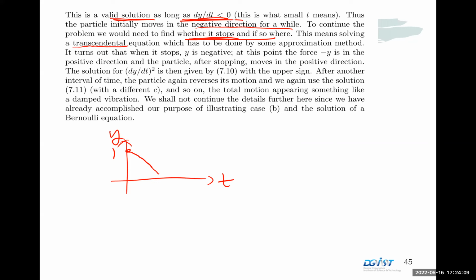So let's do something more. It turns out that when it stops, y is negative. And the acting force is the restoring force, which tries to move back to the origin, so they are moving in this direction. That means the drag force, the damping force, acts in the opposite direction, so we have a minus sign.